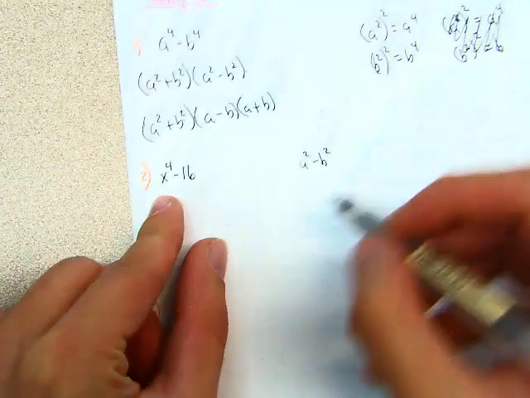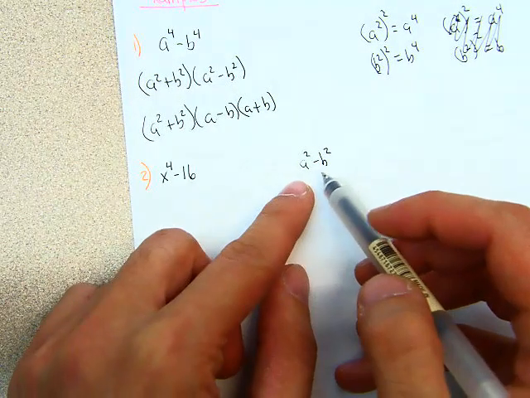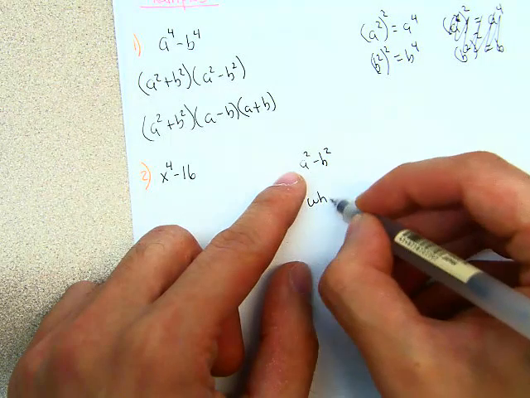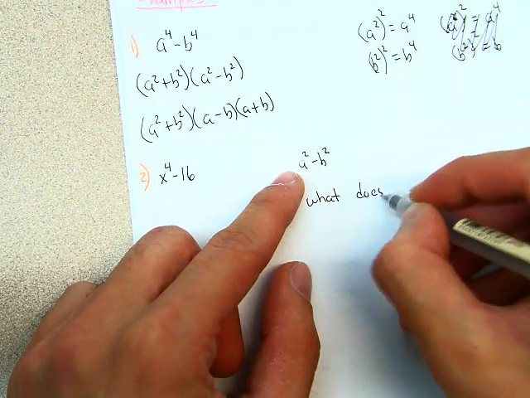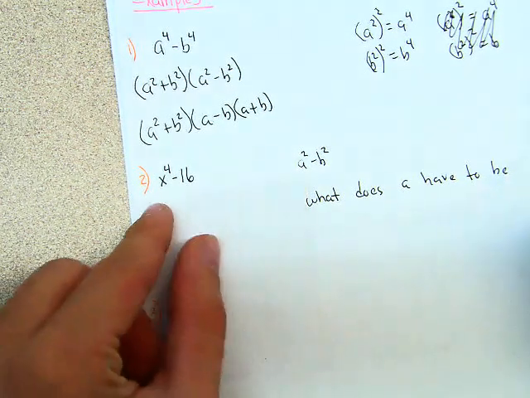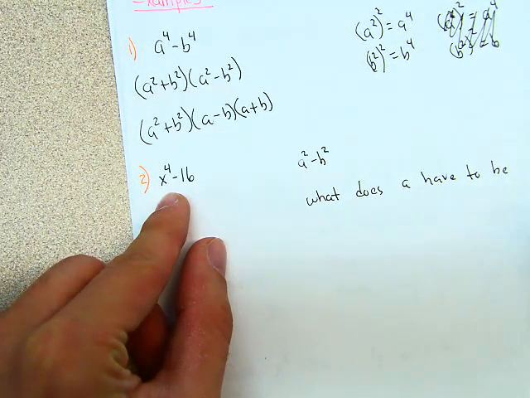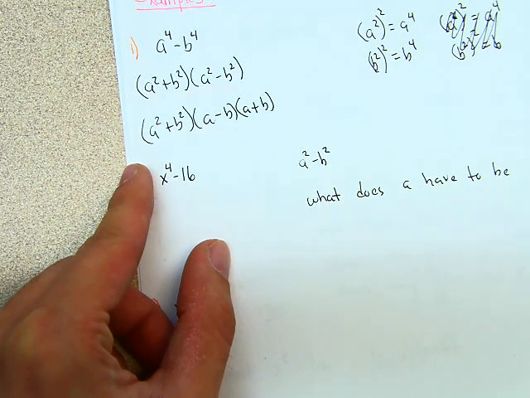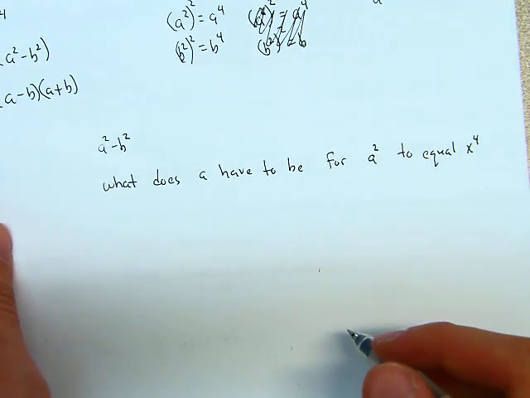Let's see if we could put this into that form. What does a have to be for a squared to equal x to the fourth?